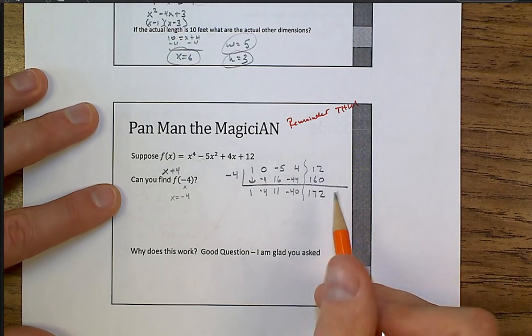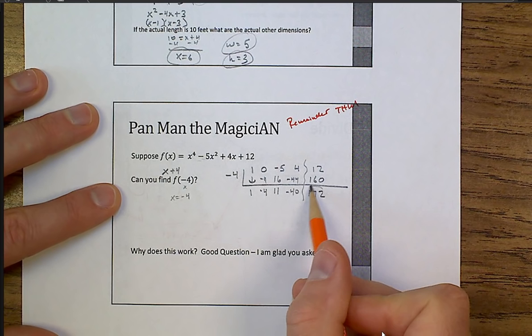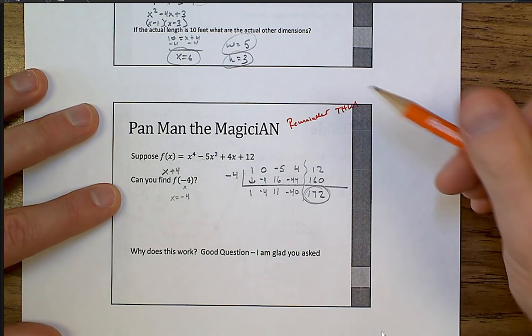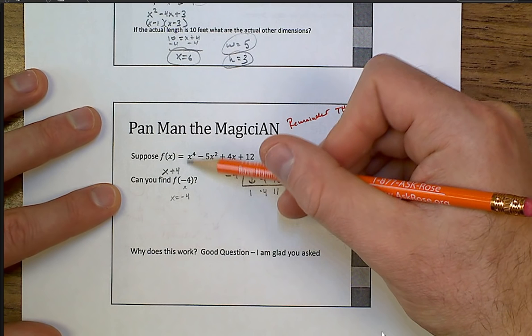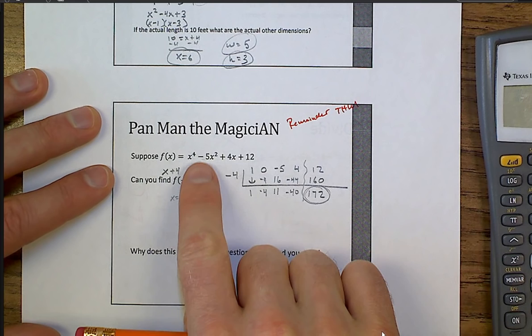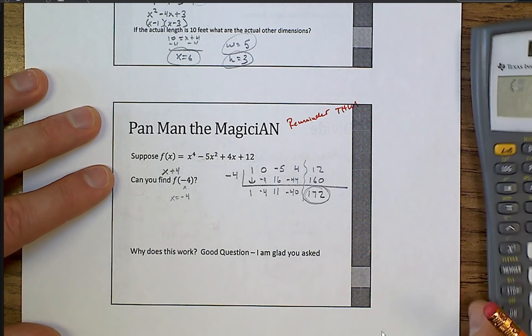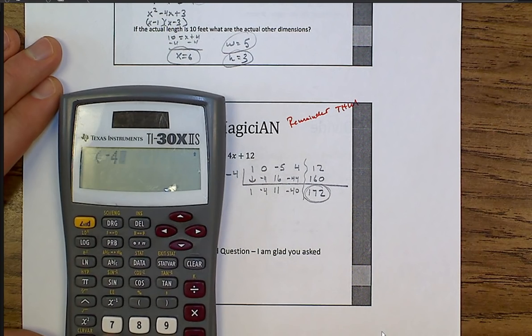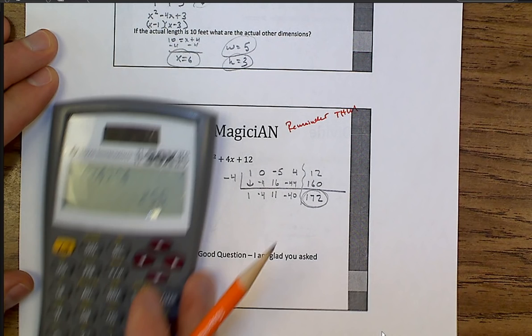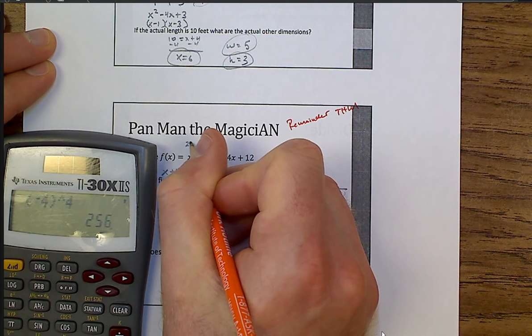Now, this is your remainder. Okay? And what I want you to know is if you plug in negative 4, I'm going to show you what this looks like. So if I take negative 4 to the 4th power, that's going to give you 256. Okay?